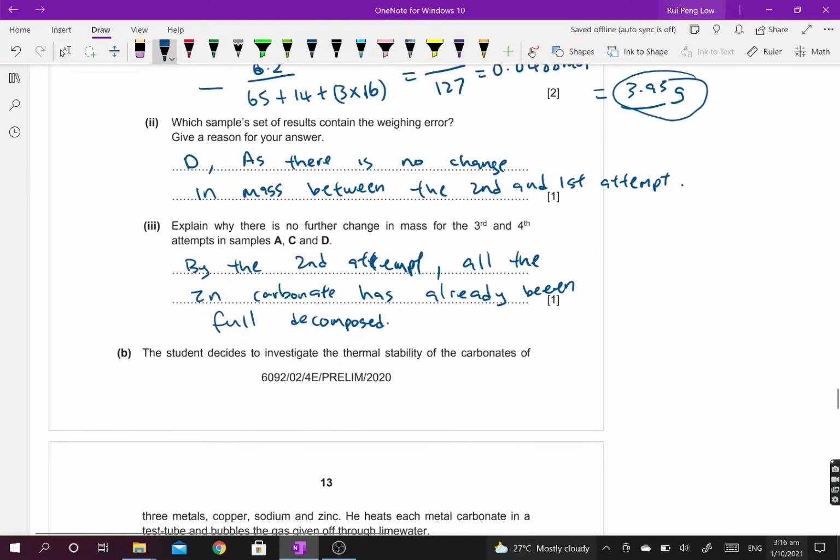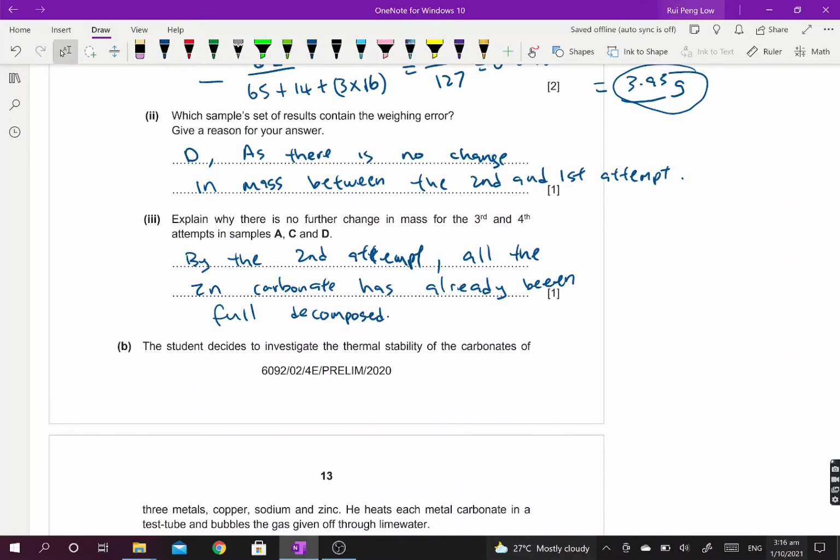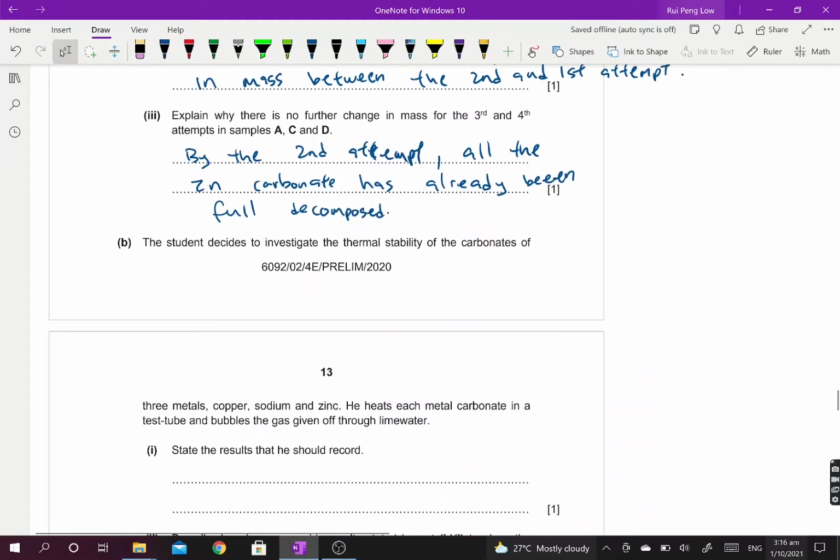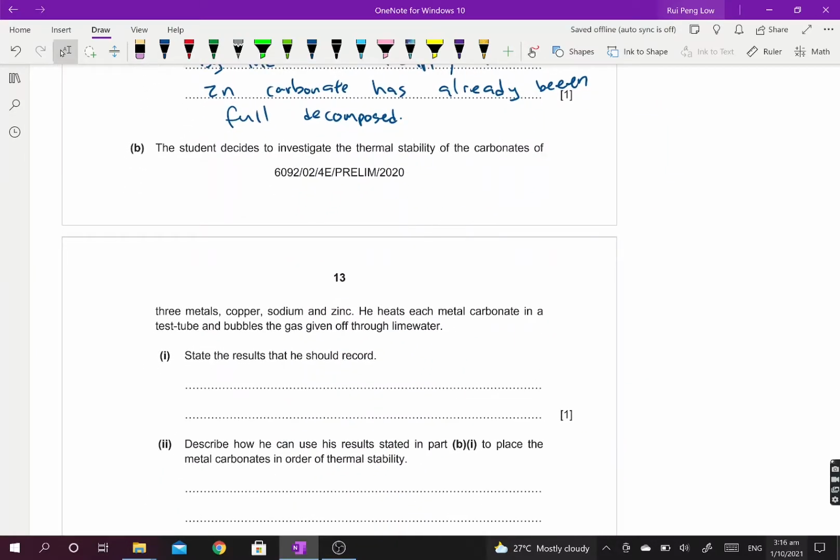Okay, that's all. The student decides to investigate the thermal stability of carbonates of three metals, copper, sodium, zinc. He heats each carbonate in a test tube and bubbles the gas given off through lime water. State the results that he should record. Okay, now there's a few ways you can record the results. Number one is time. So what happens is that, let's say I have a test tube, I have some sample here, and then I heat it.